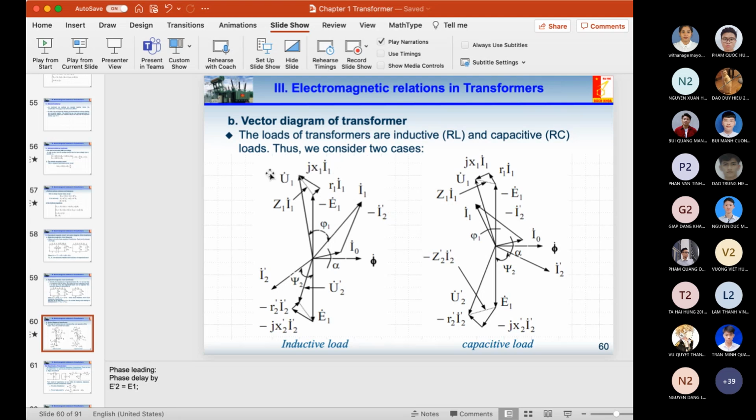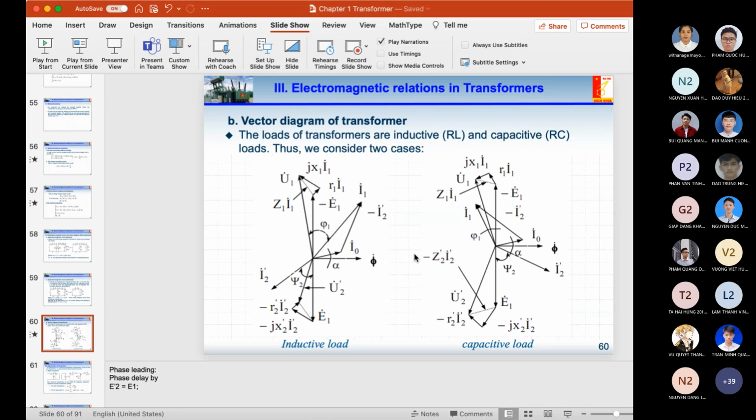For the current balance equation, we already have it: I1 is equal to I0 plus minus I2.